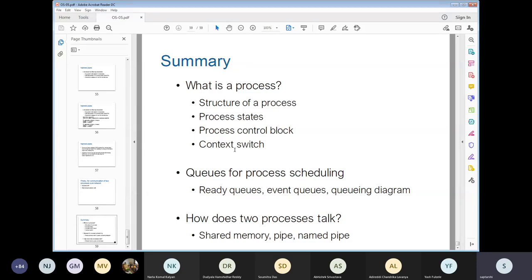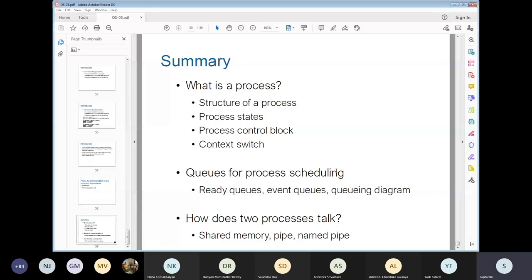The dispatcher will actually allocate the processor to the process selected by the scheduler, and then the control will be shifted to this process B. That means the CPU will be allocated to B. So this will happen during a context switch. And we typically want this to be quick because context switches will happen many times every second.